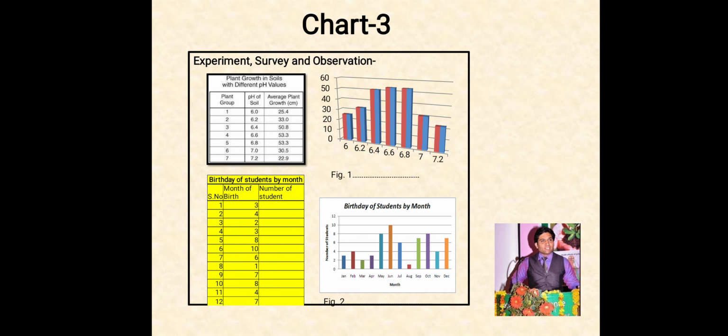So you have to organize data in tables and represent data in the form of graphs and diagrams. Now your data is converted into meaningful data. You have to analyze this data with the help of these tables and graphs.